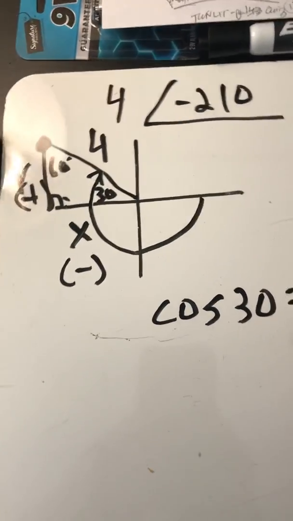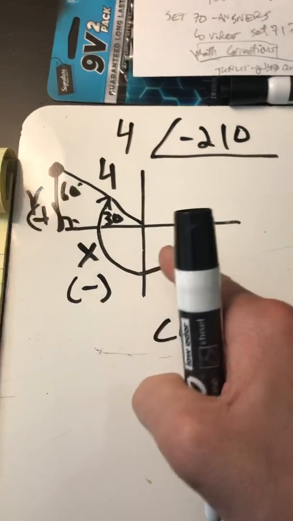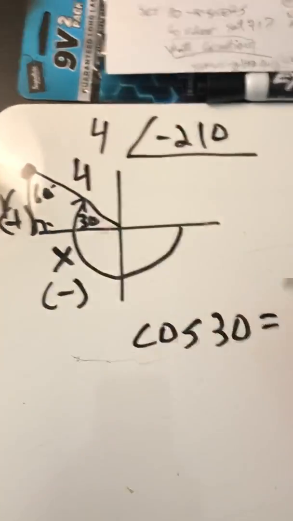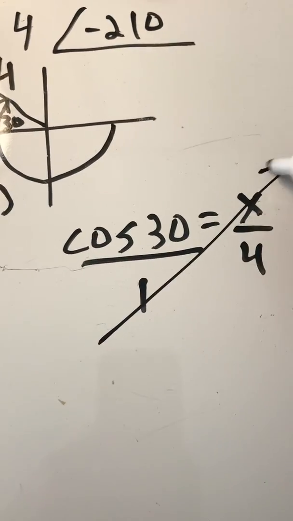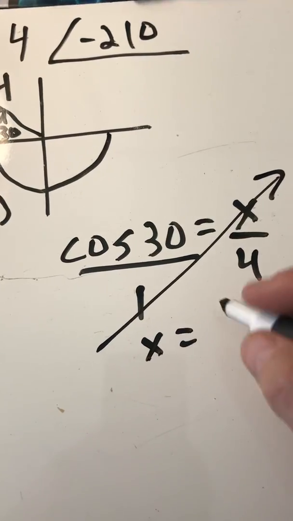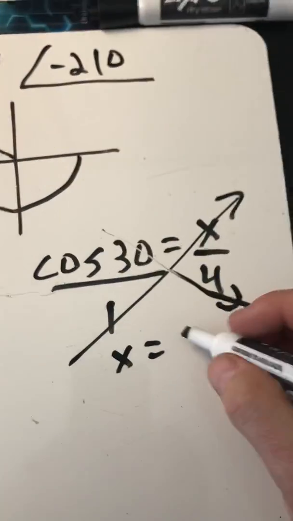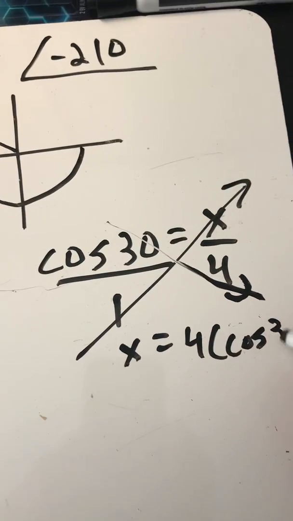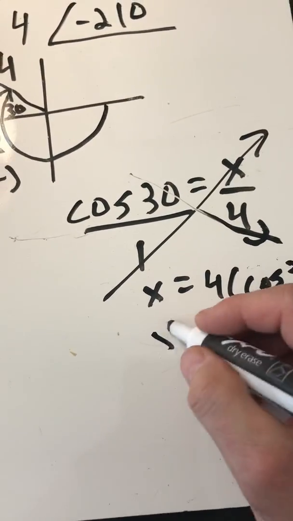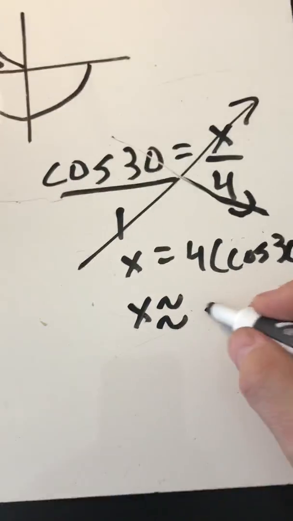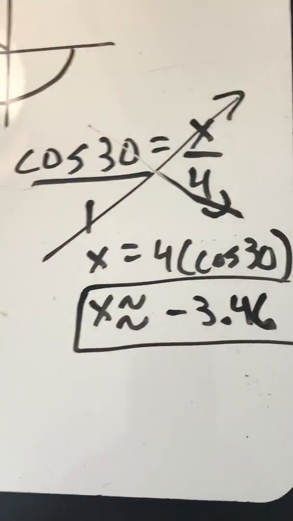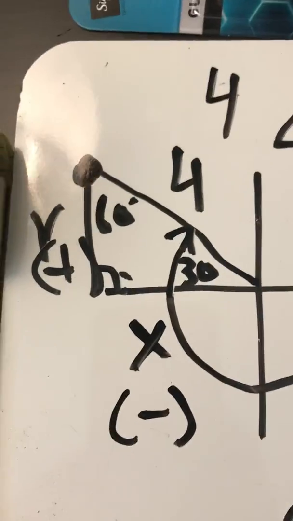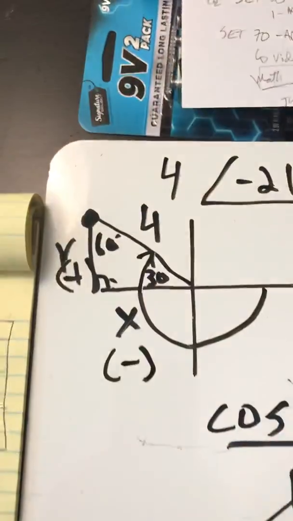That equals the adjacent, x, divided by the hypotenuse 4. So x equals 4 times the cosine of 30 degrees, approximately negative 3.46 on your calculator, negative because we're in the second quadrant.